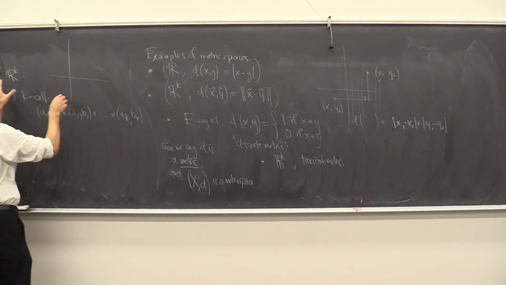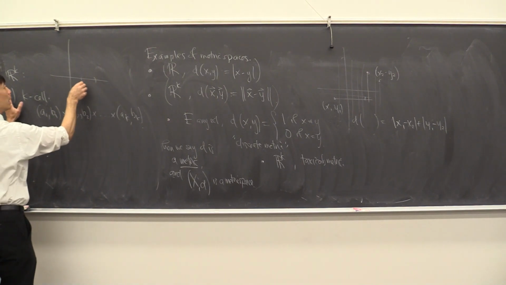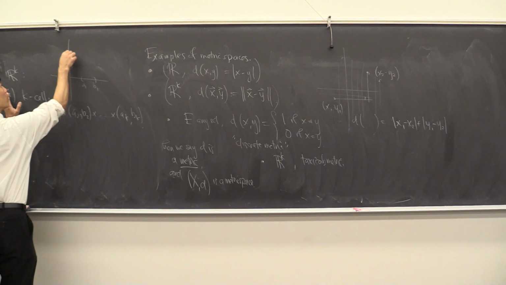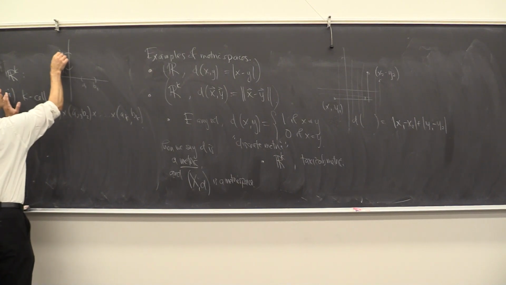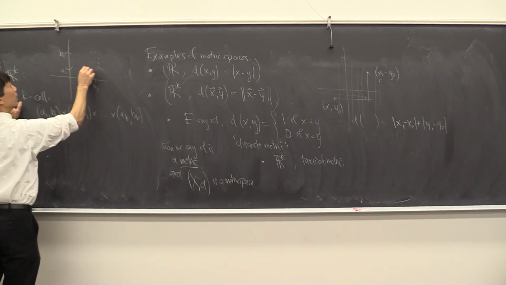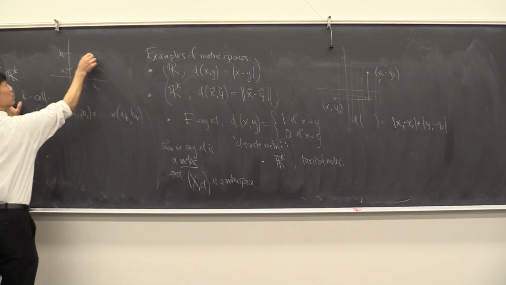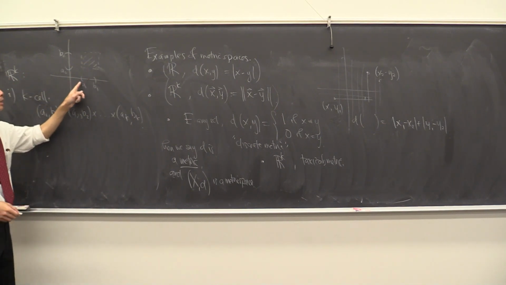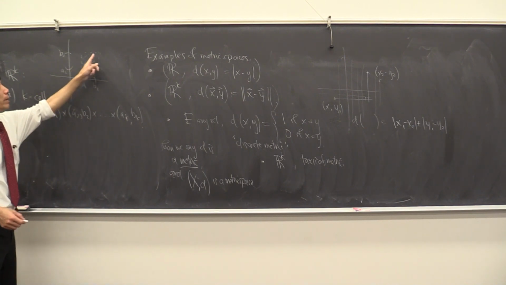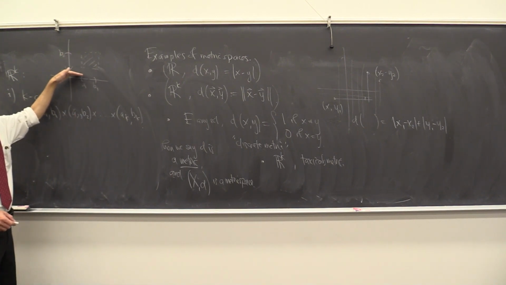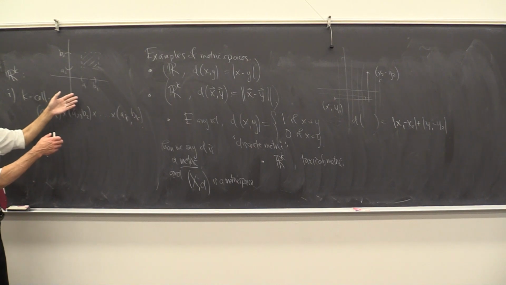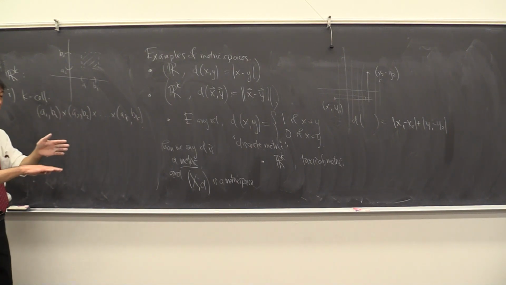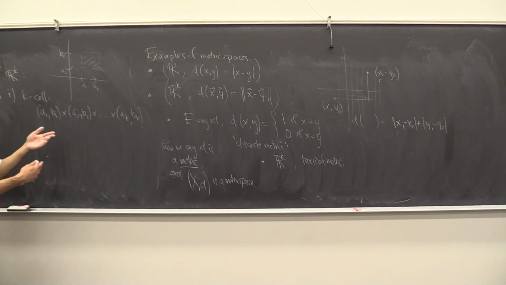In R^2, you would take some interval [a1, b1] and cross it against some interval [a2, b2], and that would give you this rectangle, but not the boundary. So you wouldn't have the left edge, the right edge, the bottom, or the top edge. In R^3, you'd get a cube, but not including the skin of the cube. And so on and so forth.